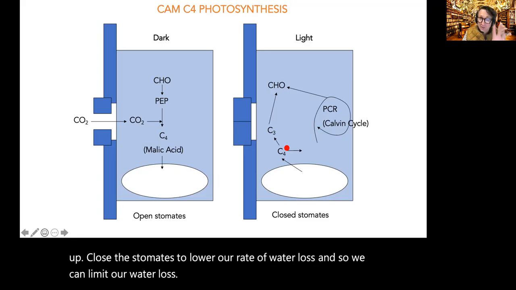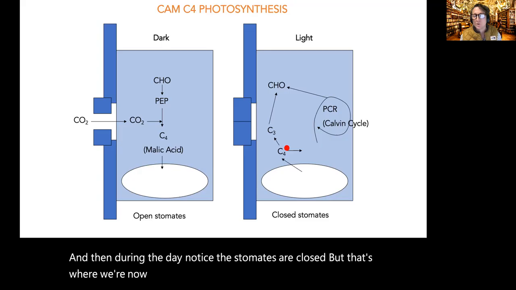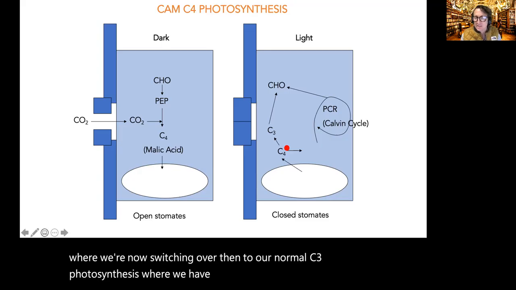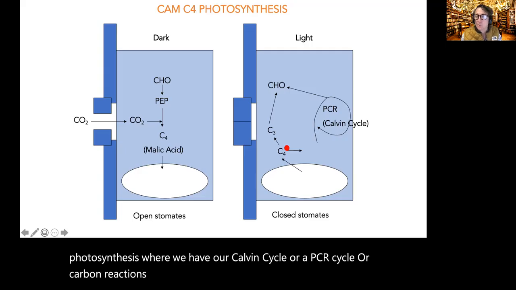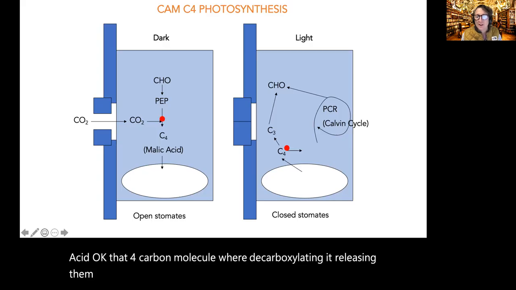And then during the day, notice the stomates are closed, but that's where we're now switching over to our normal C3 photosynthesis, where we have our Calvin cycle or our PCR cycle or carbon reactions. We're taking that C4 acid, that 4-carbon molecule. We're decarboxylating it, releasing CO2, and our normal C3 molecule.